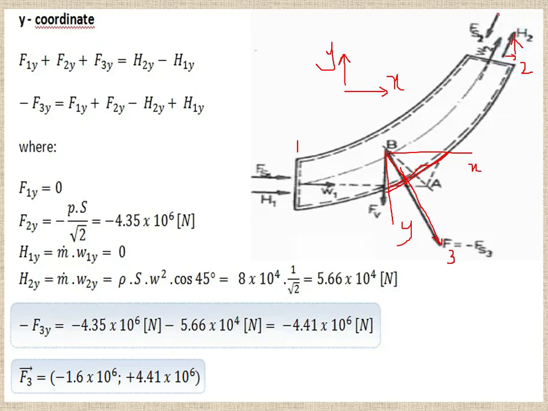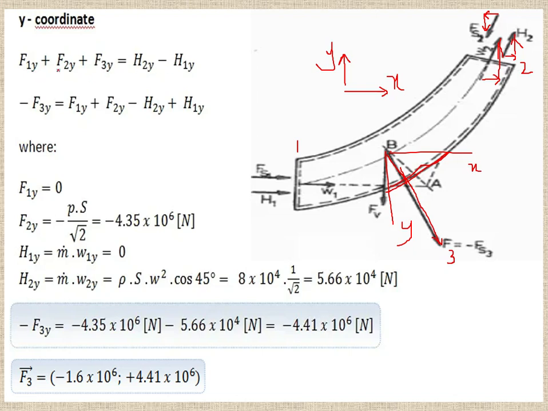And this surface force due to pressure has a y component, and this velocity has a component. So let's analyze. The net force acting in the y direction is equal to the rate of change of momentum in the y direction.